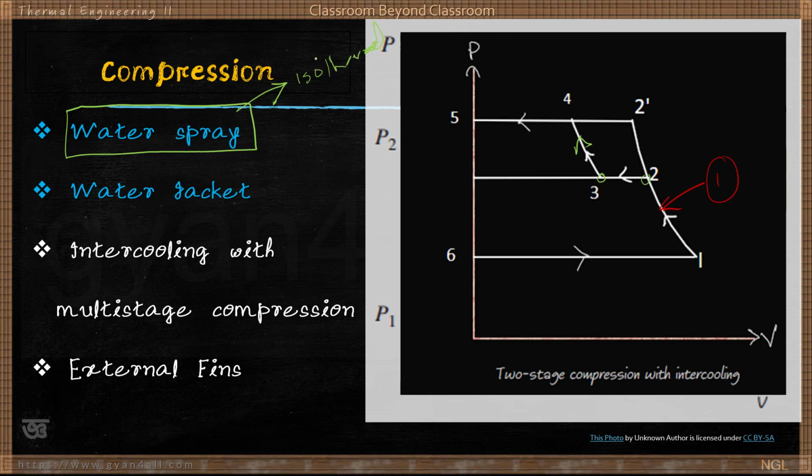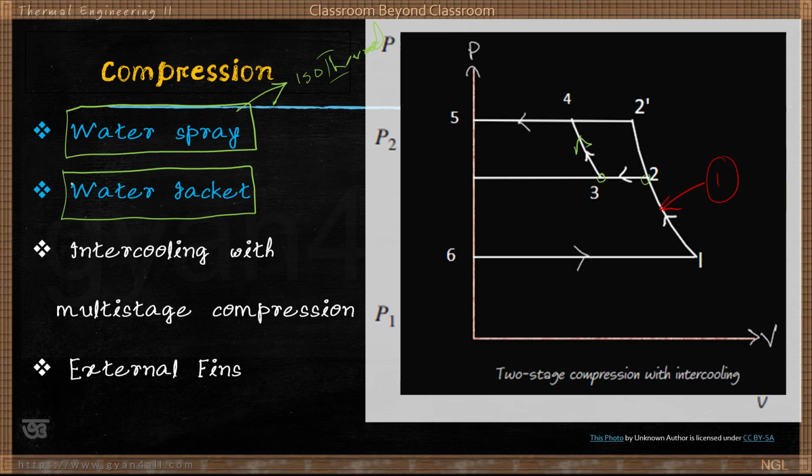If we continuously spray water on the compressor, then what will happen? Continuously the heat will be carried away by the sprayed water. That means the compressor will remain at constant temperature. So that way we can try to make the compression process isothermal, and this can also be done by using a water jacket. What is the function of a water jacket?